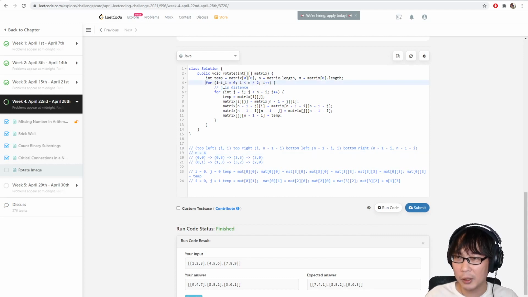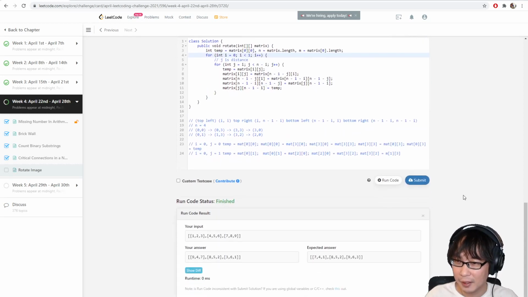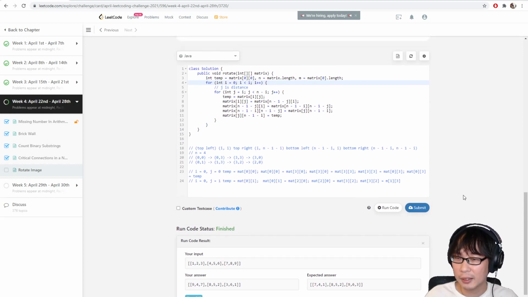So how about let's only do I equals to 0. Let's try it. I want to see. So when I equal to 0, it's already wrong. Right? No, I equal to 0 is already wrong. So it's like I put 1 into temp and I should move 7 to 1.